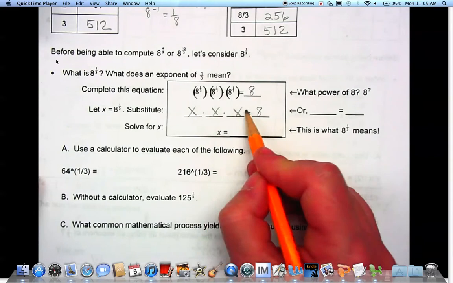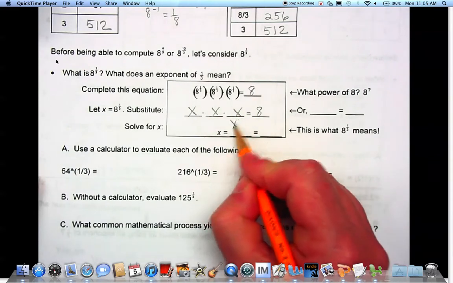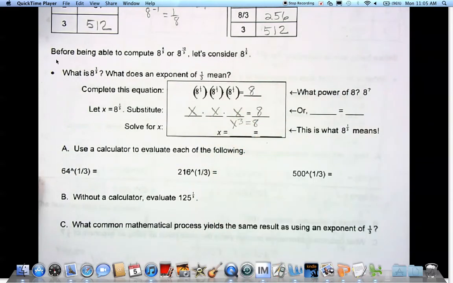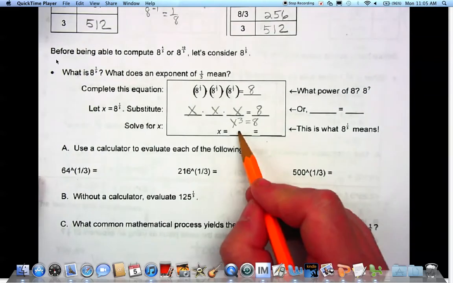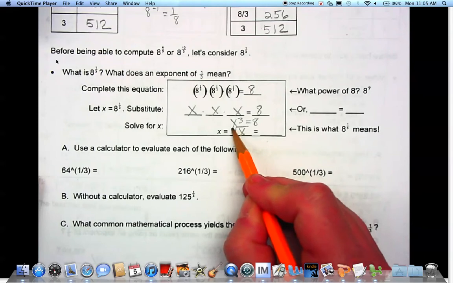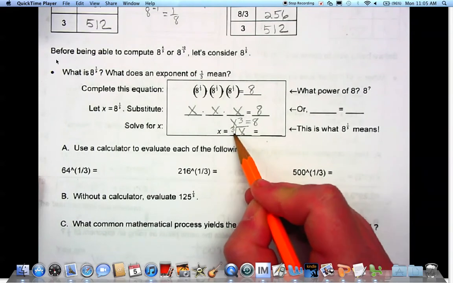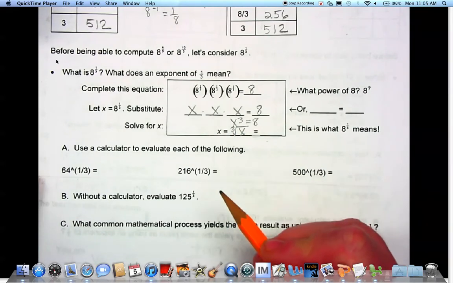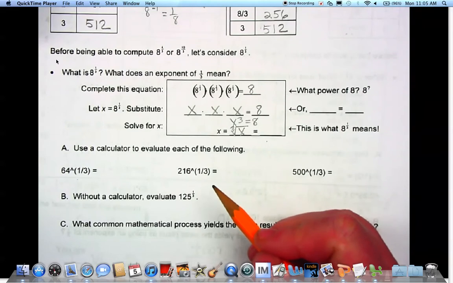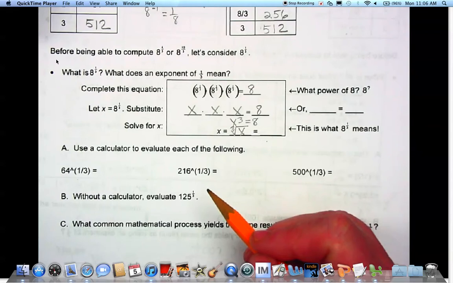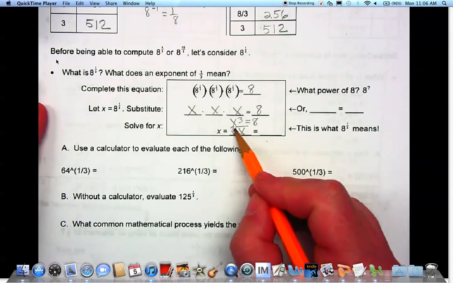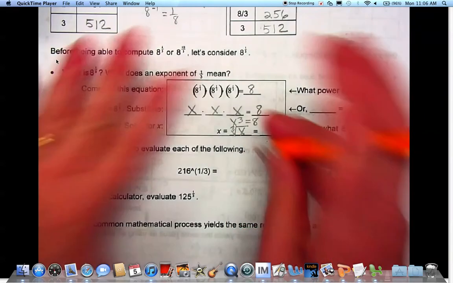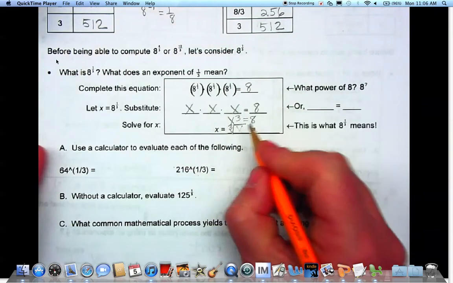So what's x times x times x? x cubed. And instead of putting square root of x, we put the cube root of x, we put a 3 in this little area right here. The square root has a 2 there, but we don't put it. We just assume it's square root without putting a 2. So this is the cube root of 8, right?